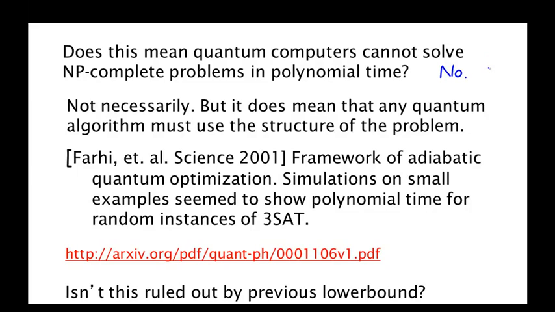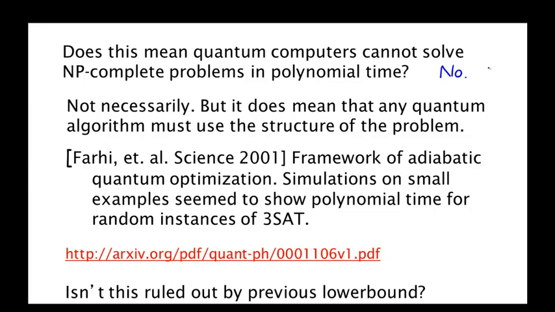What makes this so difficult is that people have been trying to understand the structure of NP-complete problems for several decades, and we don't know how that works. We haven't found much non-trivial structure to work with. About 10 years ago, there was a beautiful paper by Eddie Farhi and his collaborators at MIT, where they proposed an algorithm for solving satisfiability. This is the so-called adiabatic quantum optimization framework.